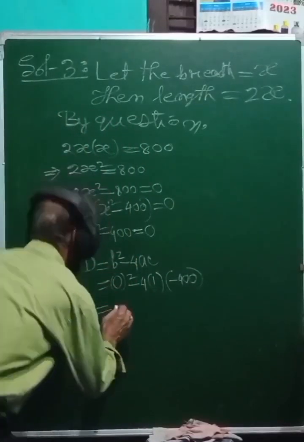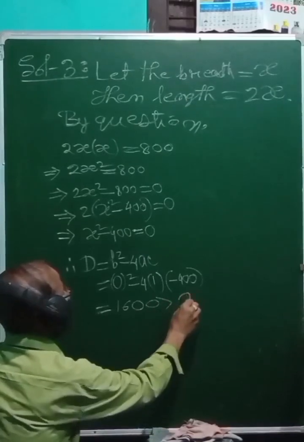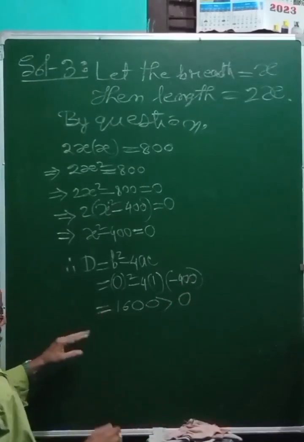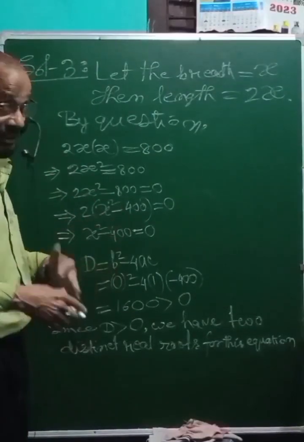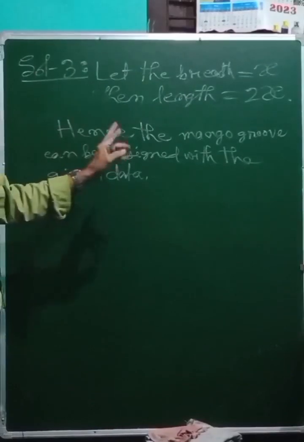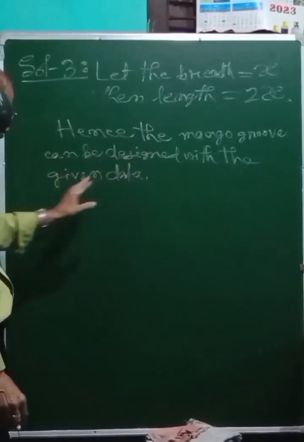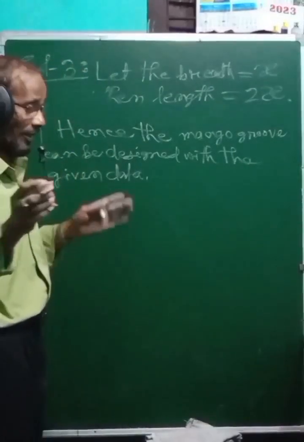So D is equal to 1600, which is greater than 0. The question is asking whether it can be designed or not, so the next line you can conclude from this: hence the mango grove can be designed with the given data. This is the main answer. Now you have to find the solution.